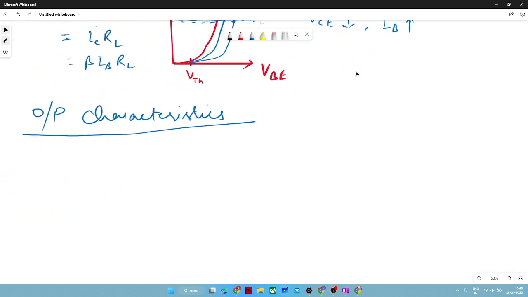Okay, that will be cleared in the output characteristics. So output characteristics will have VCE versus IC.